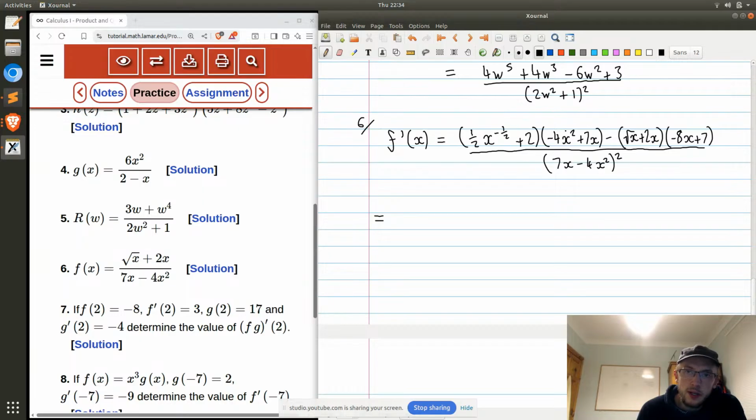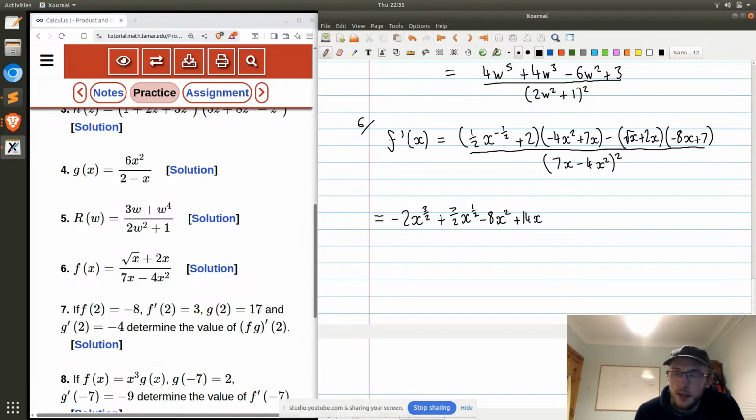So FOIL on the first. So minus 2x to the 3 over 2. Plus 7 over 2x to the half. Minus 8x squared. Plus 14x.